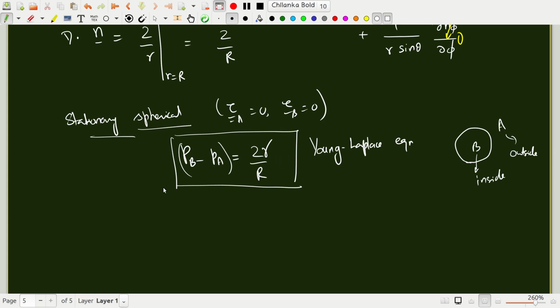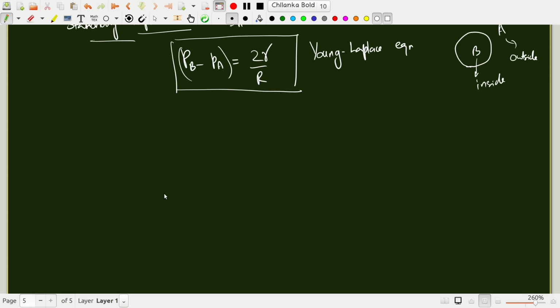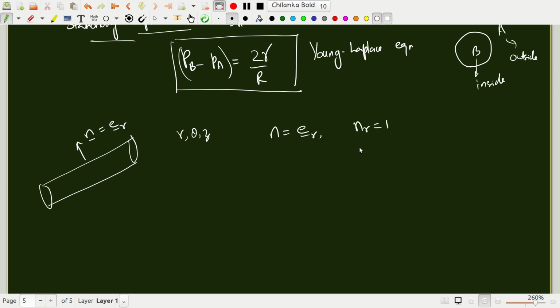And if I do the same thing for a cylindrical drop or a cylindrical thread of fluid, here I use the cylindrical coordinate system, but n is er again, so we'll use r theta z coordinates, the cylindrical polar coordinates. N is er, nr is 1, n theta is 0, nz is 0.